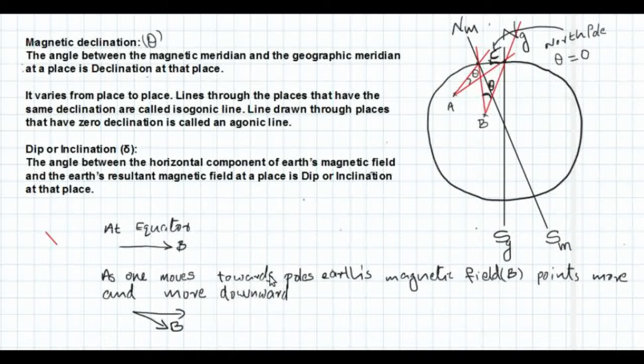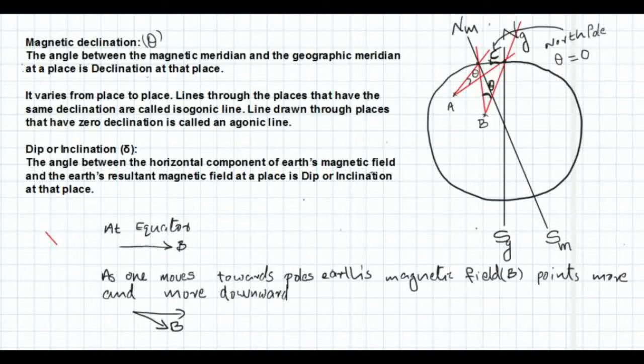That means if we are moving away from the equator towards the pole with a magnetic needle in our hand, we can see that the needle is pointing more and more down as we approach the pole. That means the needle makes a small dip from the horizontal direction.